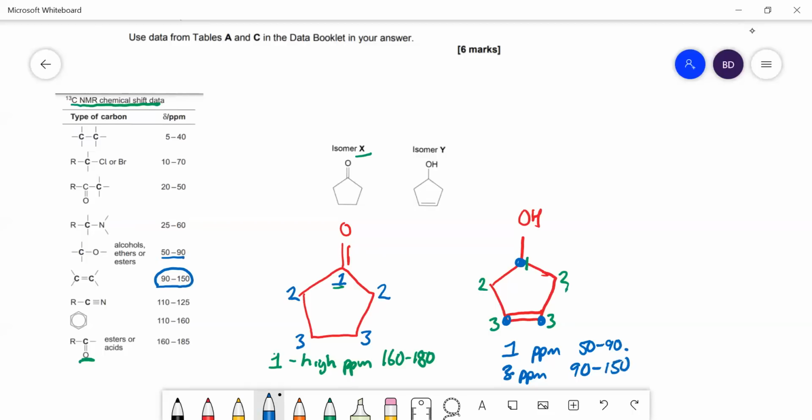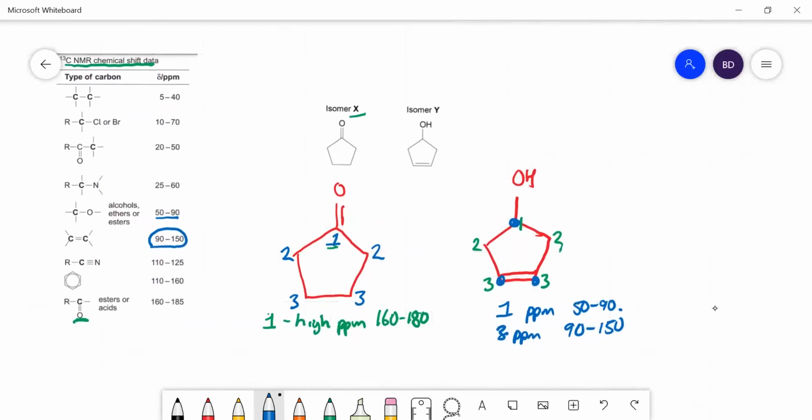So it would be a little bit tricky, but I think you could do it because there's a bit of overlap here. Not quite an overlap, but very close. Look, that 160 to 180 is a bit close to that, isn't it? But isomer X is going to give you this high one there.